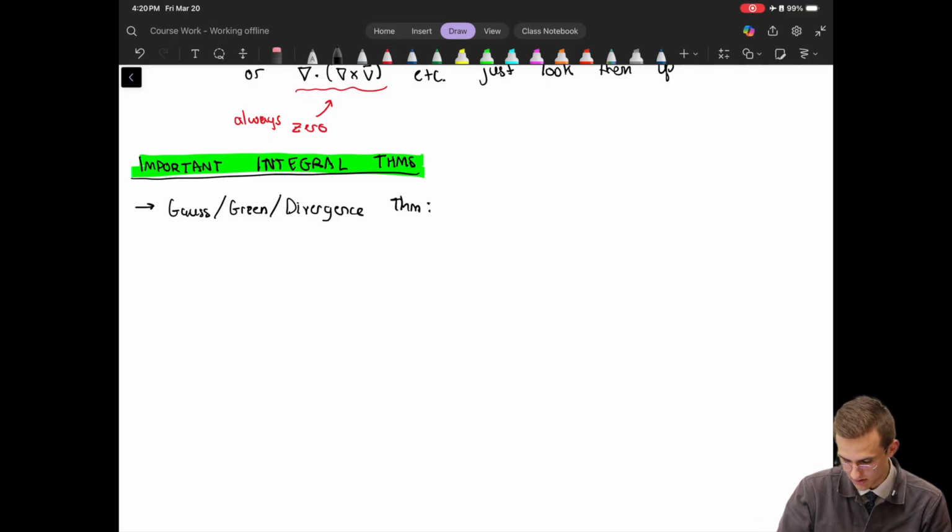Okay, so this theorem has the following statement. When I put this little v under an integral, it means I'm doing a triple or a volume integral.